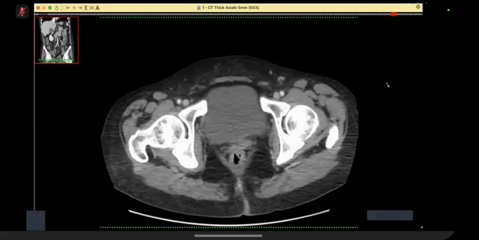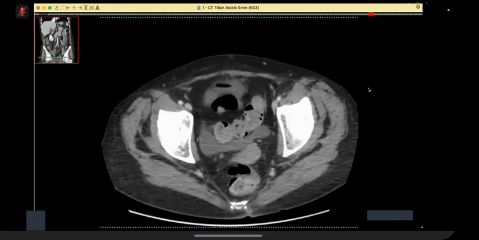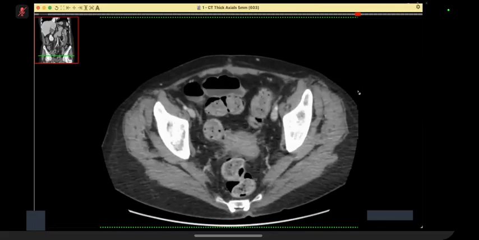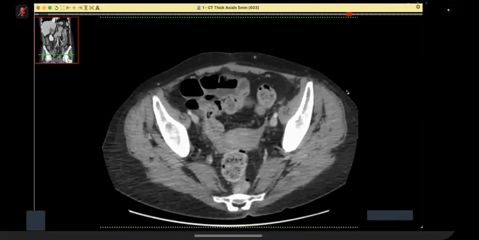In this CT scan, I can see there is small bowel loop dilatation. I'm trying to search for a transition zone.